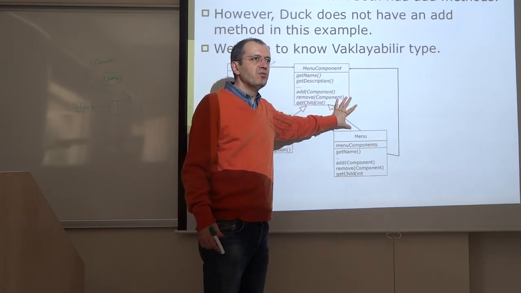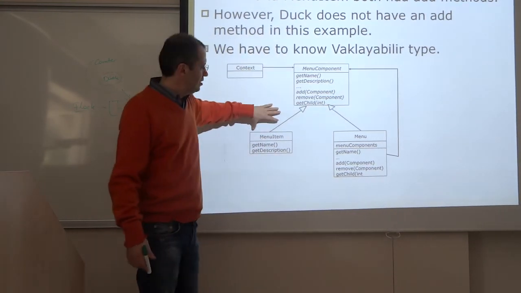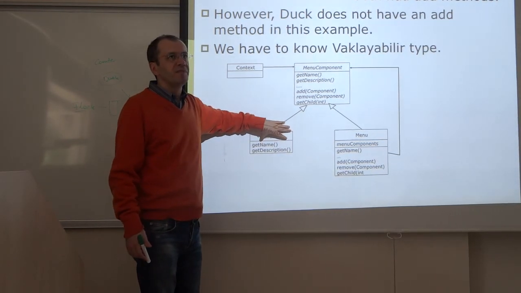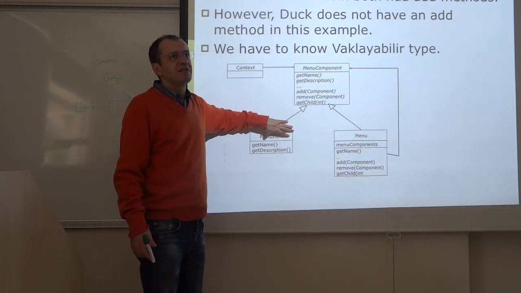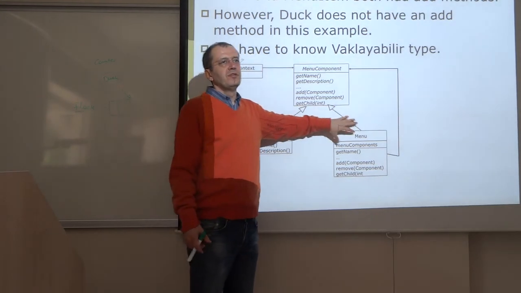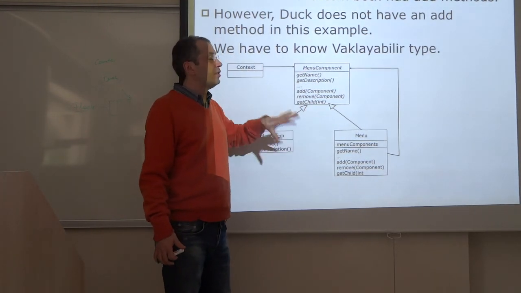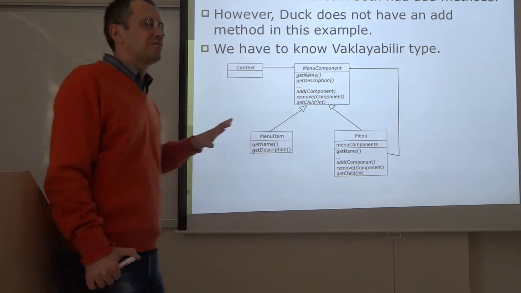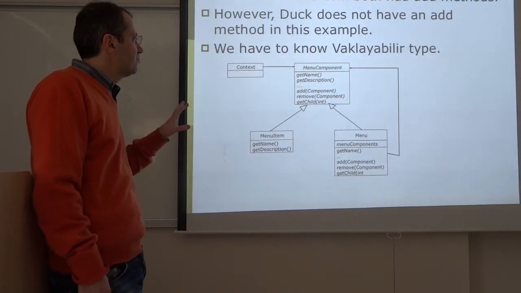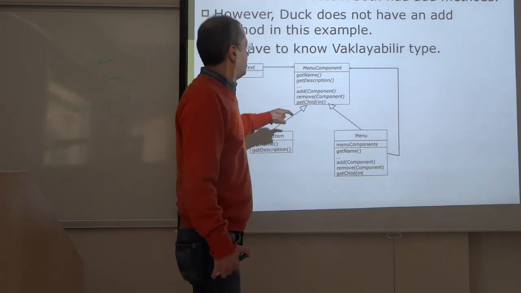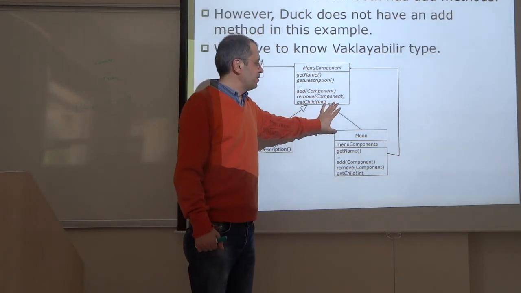Menu component and menu. But in this case, it is the menu item. It is the duck. It is not the flock. It is the duck who is quackable. So why is it making it different? Because it was the case.